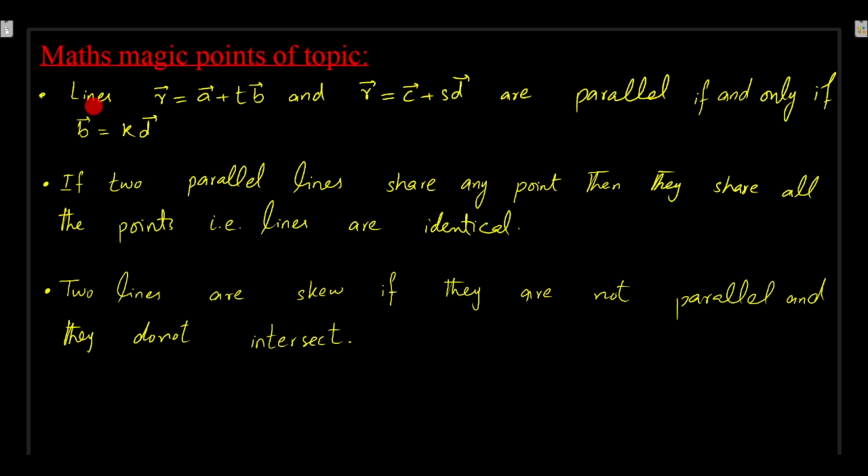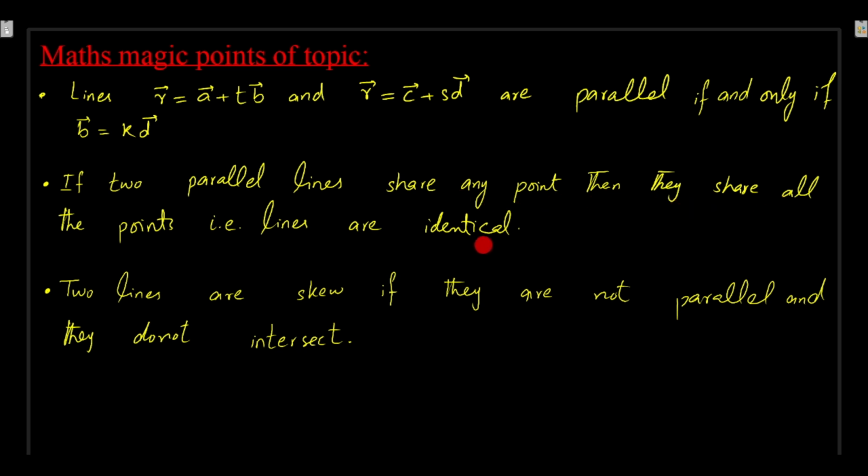Next, we will give the Maths Magic points of the topic. Magic point number 1: lines r equals a plus tb and r equals c plus sd are parallel if and only if b is equal to k times the vector d. That is, the given two lines are parallel if their direction vectors are multiples of each other. If two parallel lines share any point, then they share all the points.